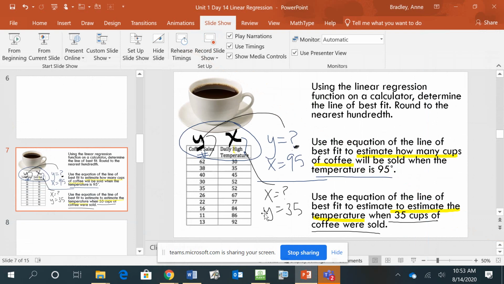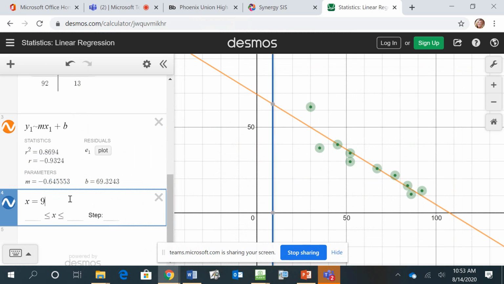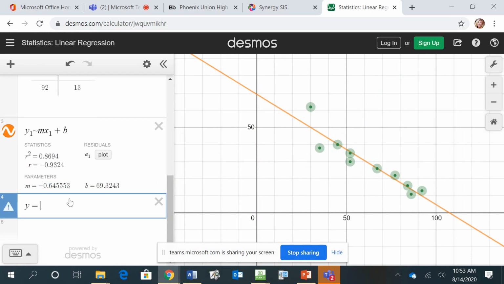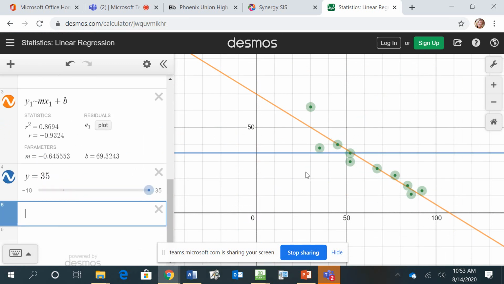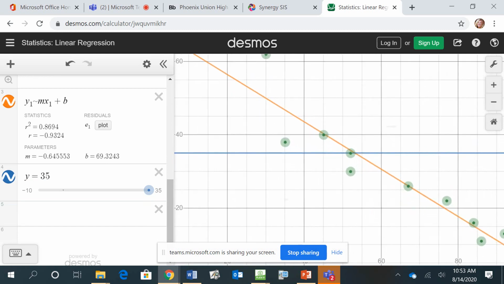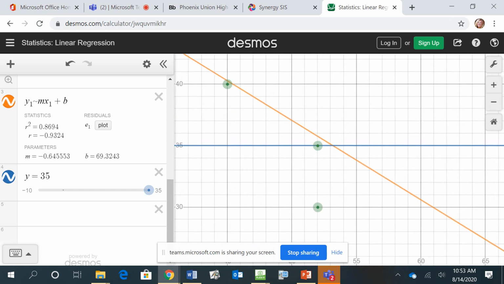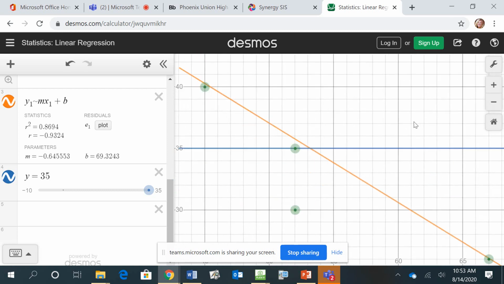Coming back to my screen, the next question was to estimate the temperature. We don't know the X, but we know the Y is 35. So I'm going to erase what I had, and I'm going to type Y equals 35, enter. In this case it's kind of hard to see, so I'm going to put my fingers on the screen, just like you would with a picture on the phone, to see exactly where they're intersecting.